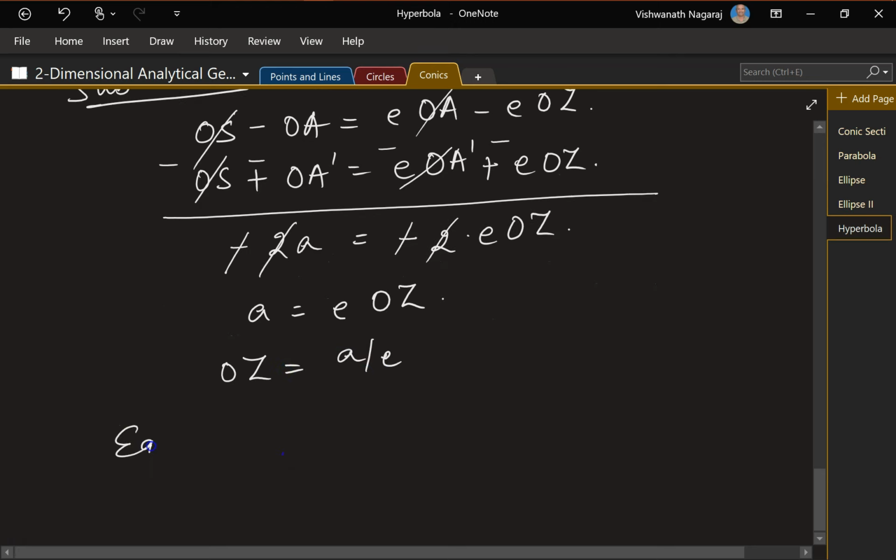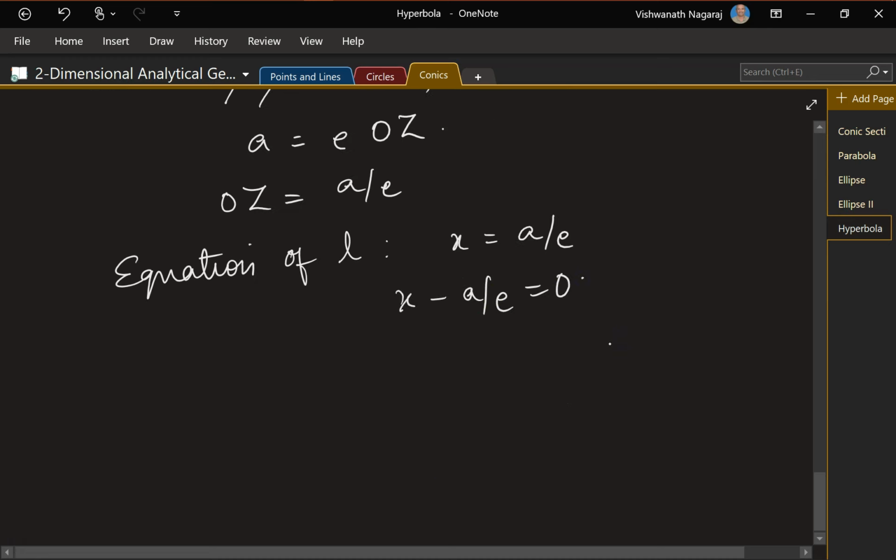So equation of L. Remember, Z is the point through which the directrix passes. So equation of the directrix, that is L, is x equal to a by E, or x minus a by E equal to 0. Okay, now what do we want?